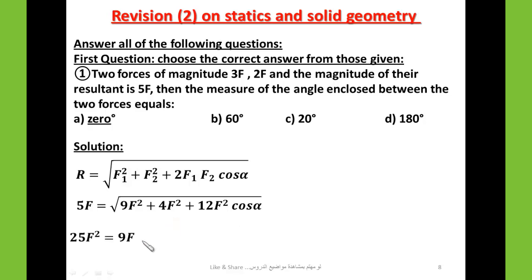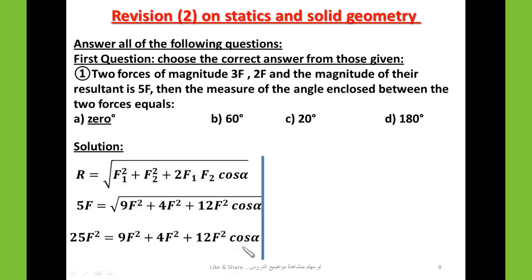And by squaring the two sides, what we get? 5F power 2 is 25F square, which equals 9F square plus 4F square plus 12F square cosine alpha.